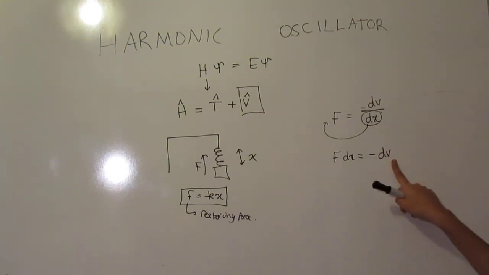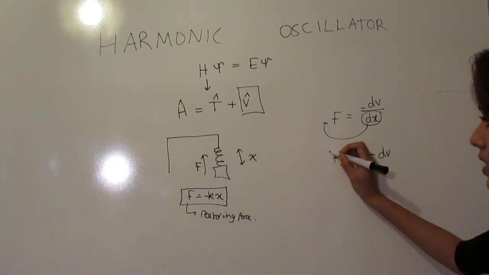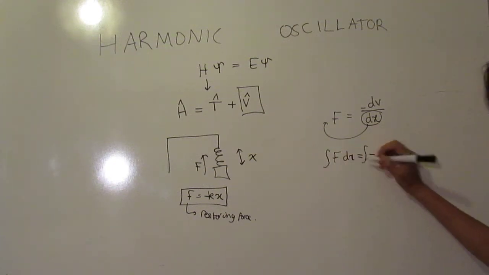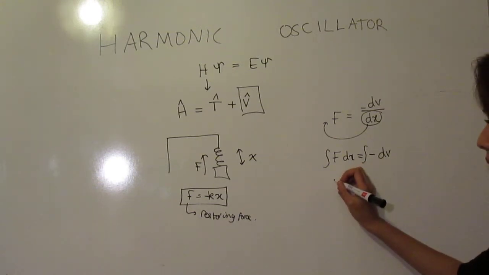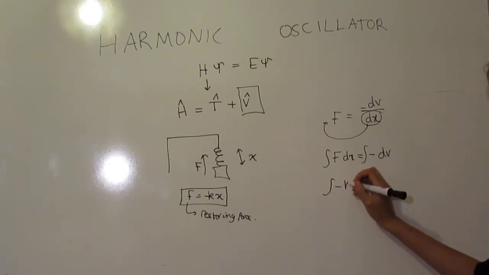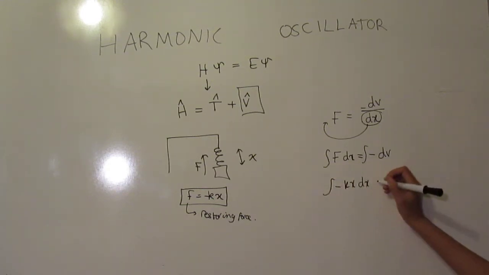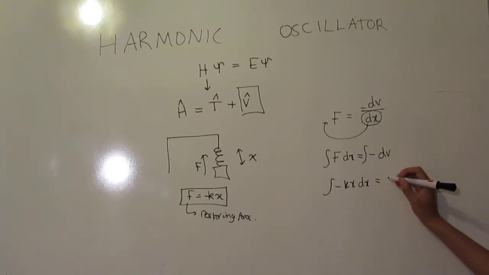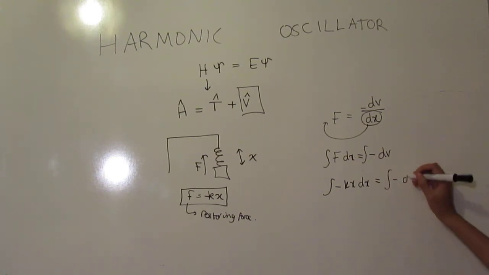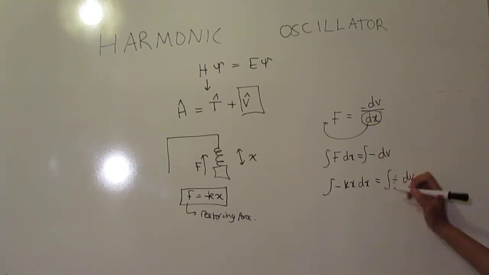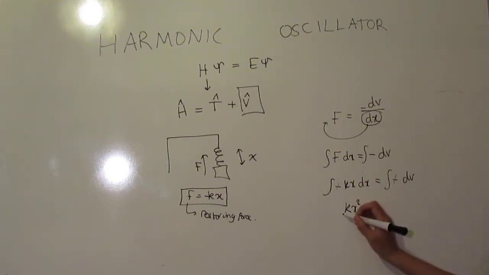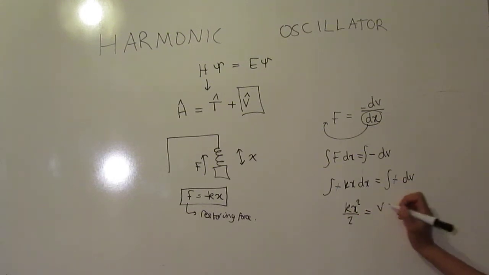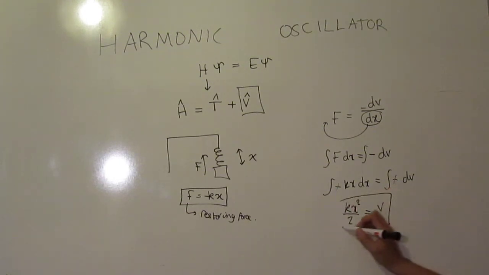And we want to find out what the potential energy is, so we have to integrate both sides. At the same time, we also know that F equals minus kx. So if we plug that in, then we have minus kx dx equals the integral of minus dV. And now we just go ahead and integrate, which is pretty simple. We can cancel the minus signs, so we've got kx squared over 2 equals V. And that is our potential energy.